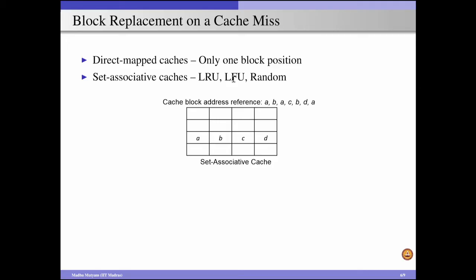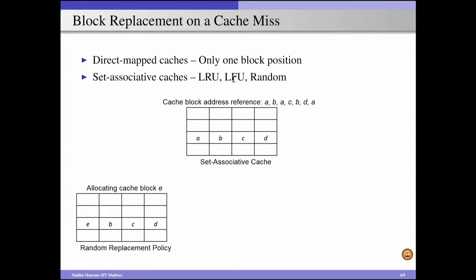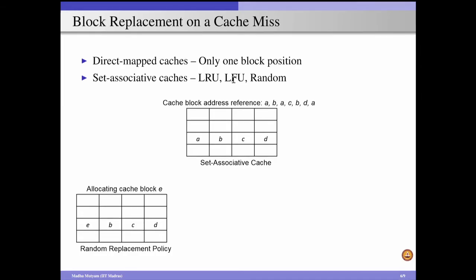When the processor generates an address for A again, because A is already there, it supplies the data from the cache and it is treated as a hit. Now consider a scenario when the processor generates an address location E corresponding to a particular block. Now how do we store? If I consider the random replacement policy, because the block which contains address location E is not there in the current cache, we have to evict one of these 4 blocks.